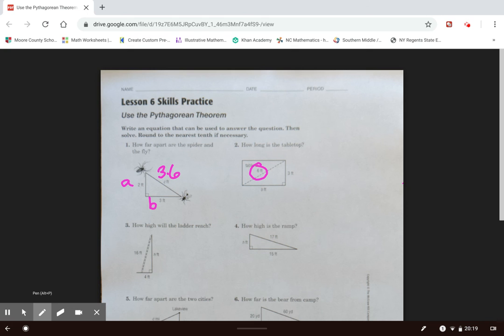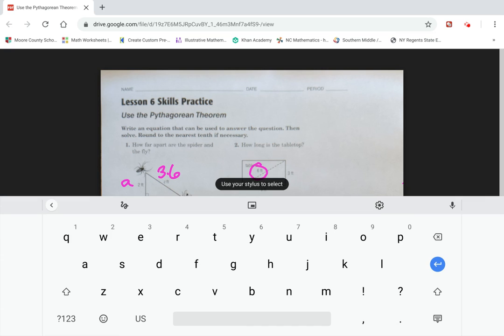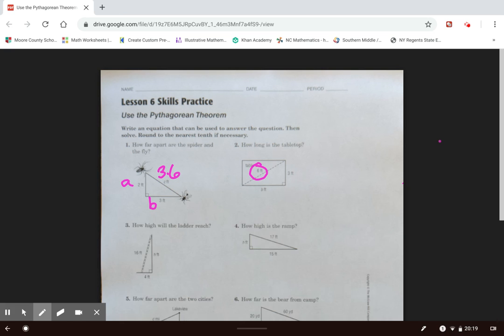Okay, so what's different with this exercise today is that for the past few days, everything I've given you has already said find the leg or find the hypotenuse. Today you're going to have to determine which one you're looking for on your own. So I have a squared plus b squared equals c squared.